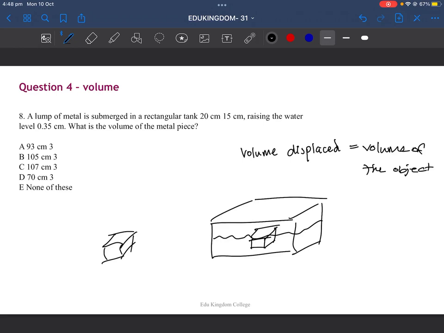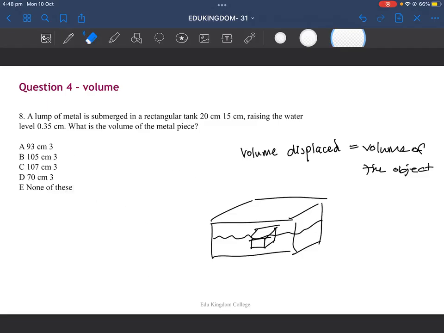Okay? Because obviously when we push on water, it moves away from the brick, right? Because this brick can't be made of water. It's always going to be made out of, I don't know, cement or whatever it is. So because it displaces the water around it, the water levels must also go up. Does that make sense? All right, so hopefully that concept makes sense.